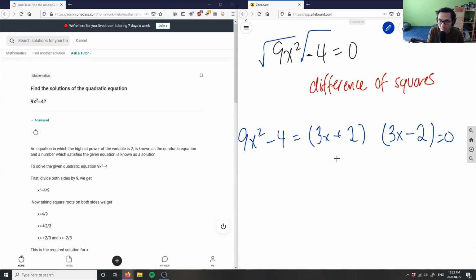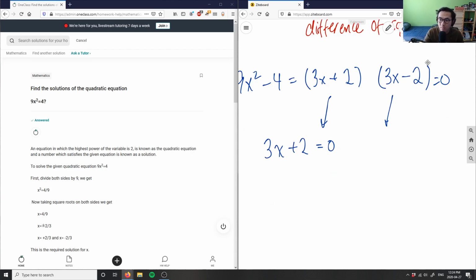What I can do is split this up into 2 parts and solve for my 2 roots, right? So I have 3x plus 2 equals 0, and then 3x minus 2 equals 0. I'm solving for my first one here, this is x1, you can say.